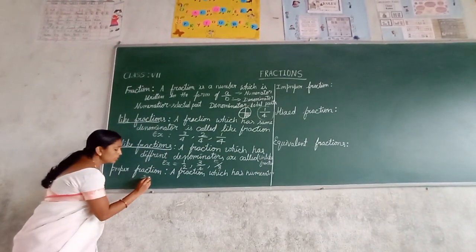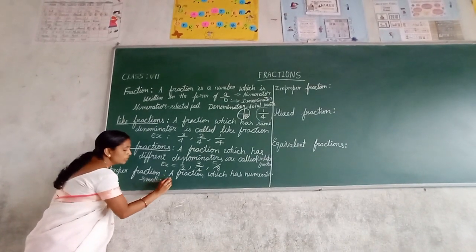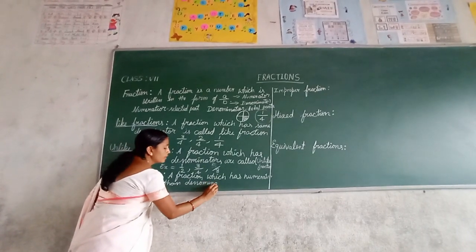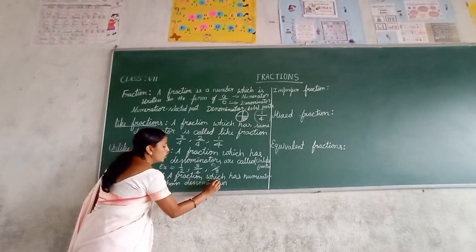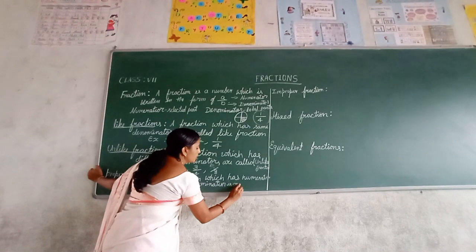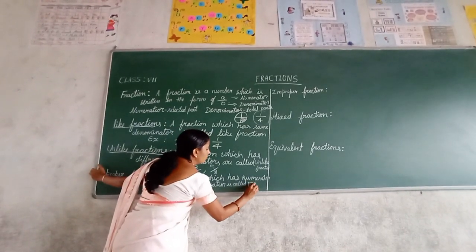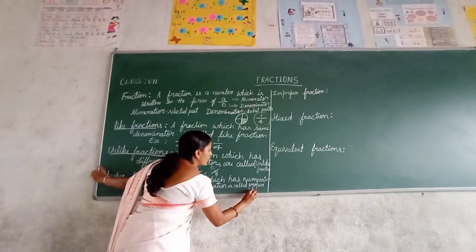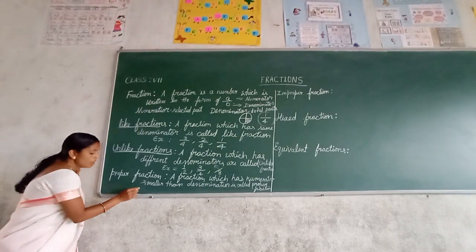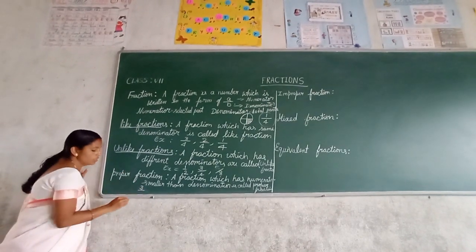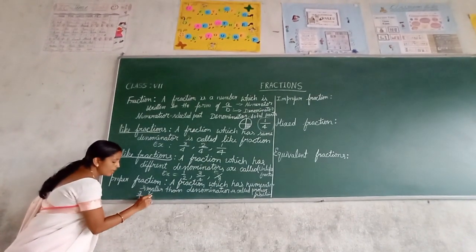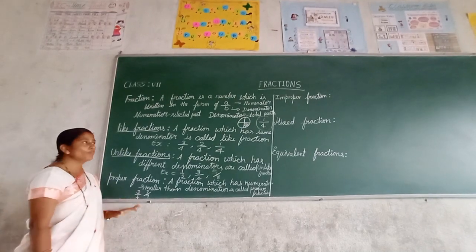For example, let us first write the numerator. 3 is smaller, the denominator is bigger. If you compare 7 and 9, 7 upon 9, these are proper fractions.